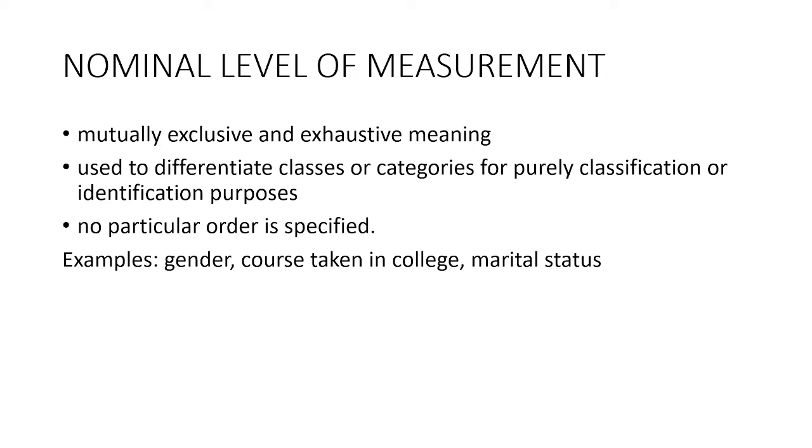It is used to differentiate classes or categories for classification or identification purposes. Wala tayong specific order. Ibig sabihin, for example, we have here gender. Gender can take up many forms. It can be male, female, lesbian, gay, transgender, bisexual, queer, metrosexual, and so on and so forth.